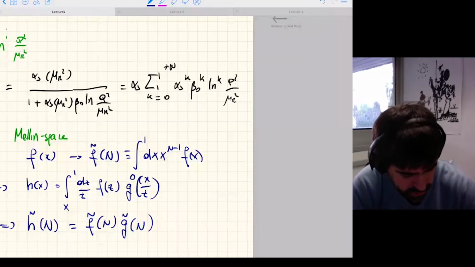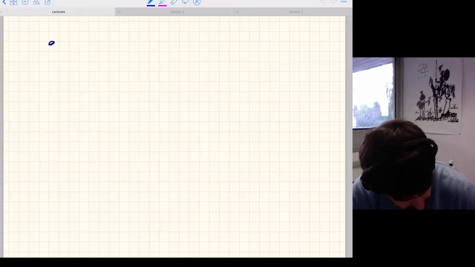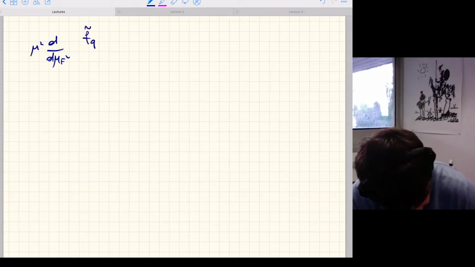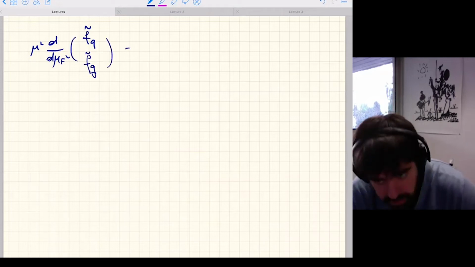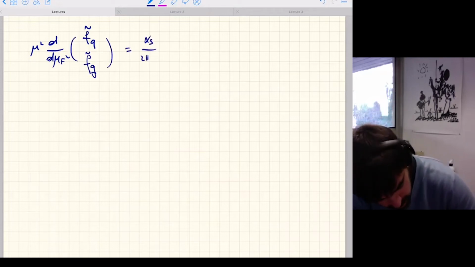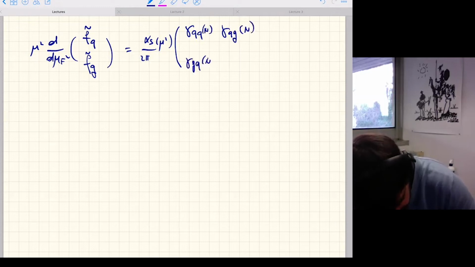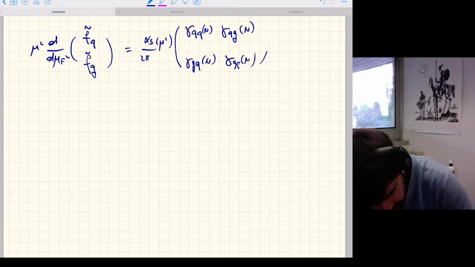And so DGLAP evolution in Mellin space becomes a set of equations.